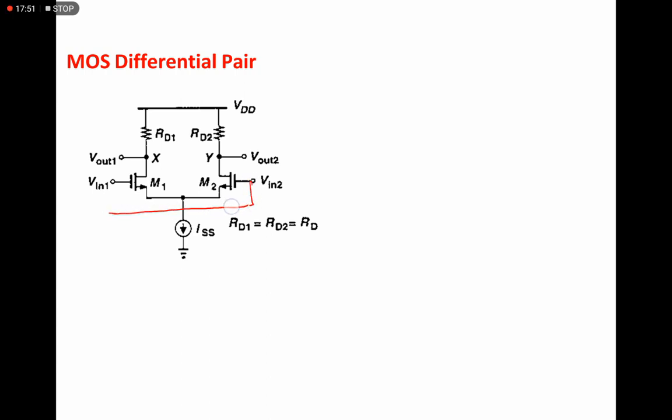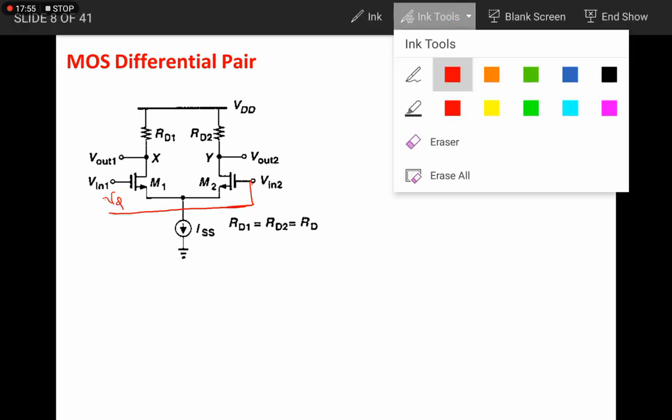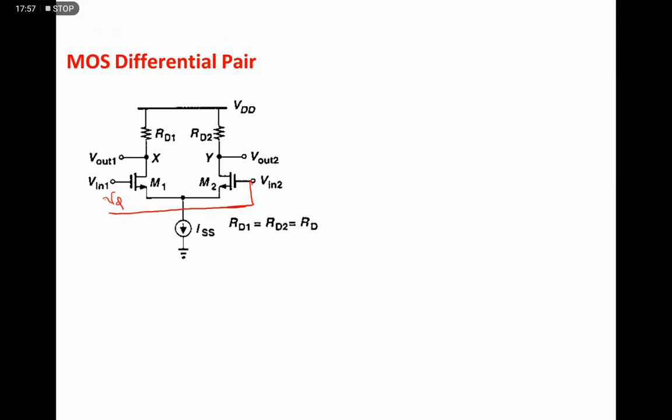If you are giving a differential signaling, here we are giving VD, and we are assuming this differential signal is split into two equal parts. So the Vin1 we will assume is VCM plus VD by 2, and Vin2 equal to VCM minus VD by 2.